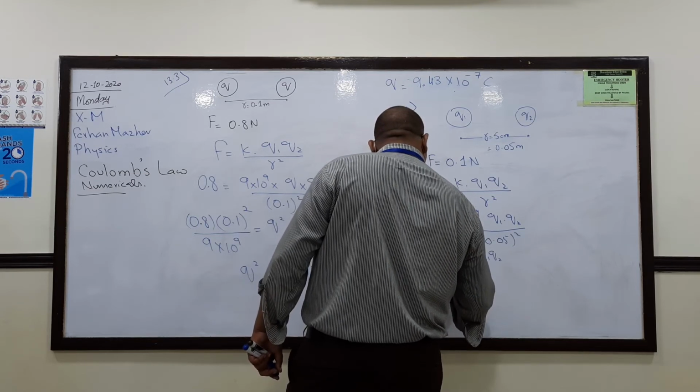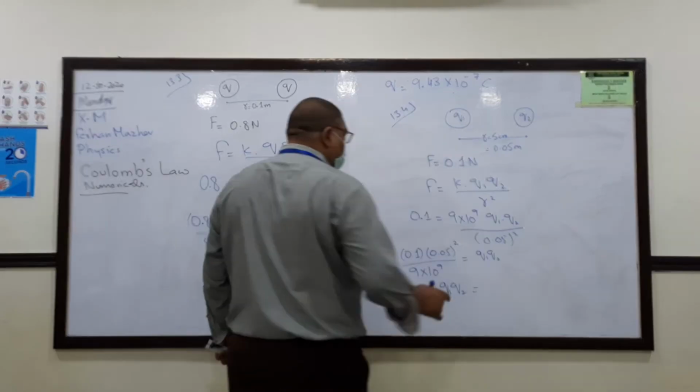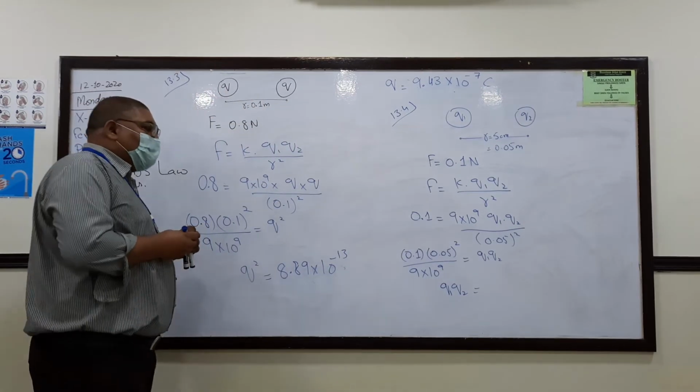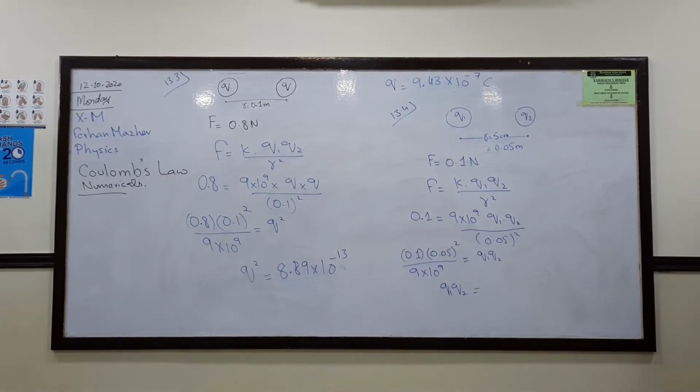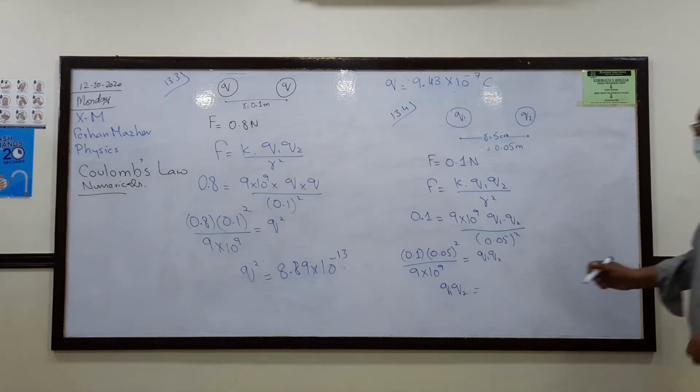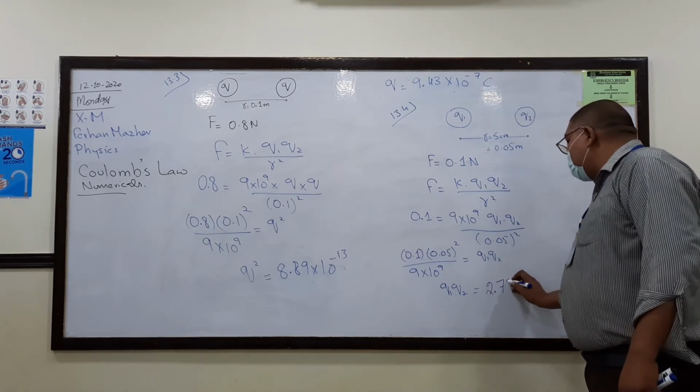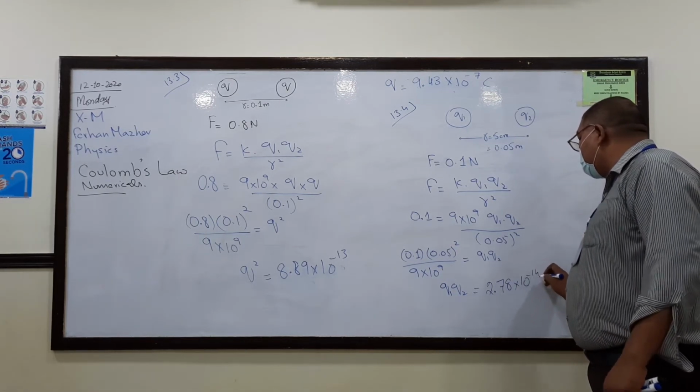If you have your calculator, please write 0.1 multiply 0.05 square divide 9 expo 9 equals to. The answer is 2.78 into 10 raised to power minus 14.